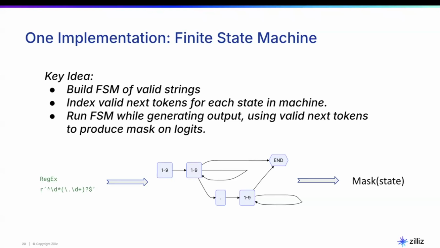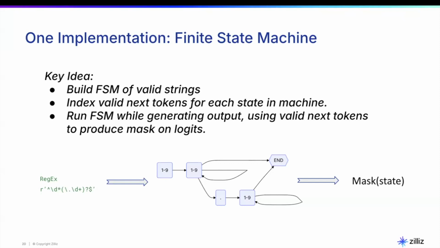How it works is we simulate the finite state machine. Given the starting state that we're in, we work out what the valid next tokens are to traverse to. There's not going to be a one-to-one relationship between tokens and the characters in this regular expression, so we have to do a few steps, and we can work out in advance, offline, all of the next valid tokens from that state.